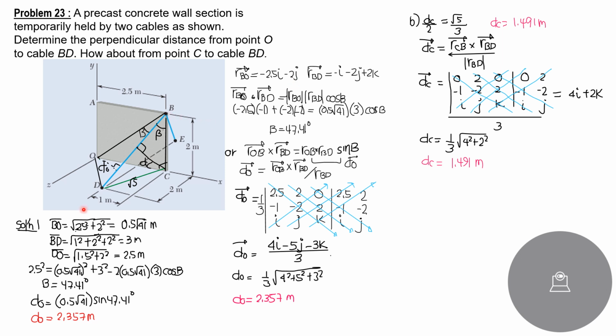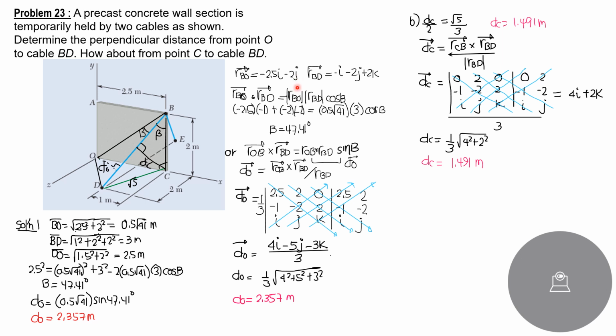While RBD is going down, forward and to the left, so negative i, negative 2j, and positive 2k. So RBO dot RBD is equal to magnitude of RBO times magnitude of RBD cosine of the angle between them, which I call B. So that product: negative 2.5 times negative 1, negative 2j times negative 2 times negative 2 only.